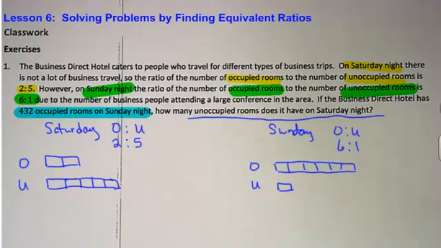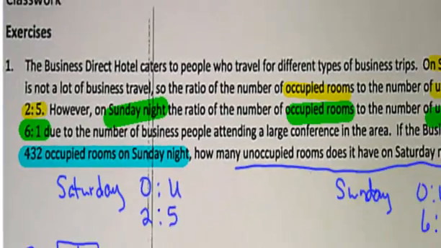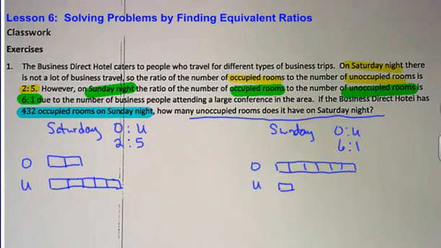Now this is where we're going to use our given information. It said that there were 432 occupied rooms on Sunday night. So we have to be thinking, where do I put that 432? Do I put it here on occupied Saturday night?